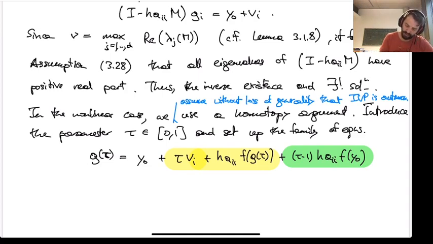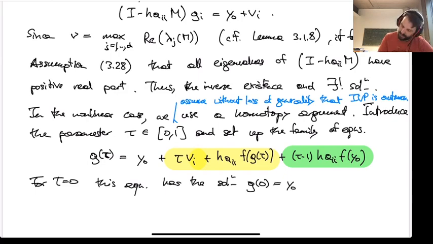So for tau equals 0, this equation clearly has the solution g_0 is simply y_0. And for tau equals 1, the solution g_1 is equal to g_i, sorry.